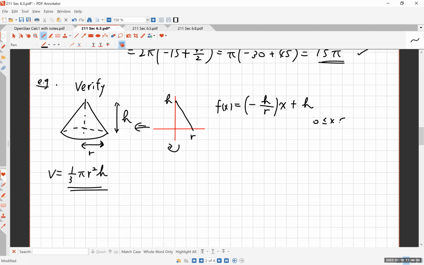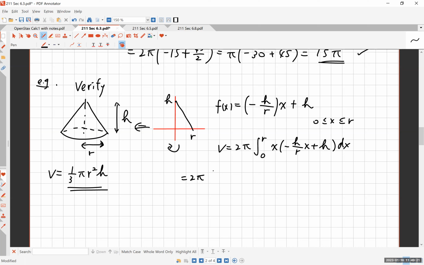And x goes from 0 to r, of course, right? So the volume, using the shell method, is 2 pi times the integral from 0 to r of this. Oops, it's actually x times this. So go ahead and write x first. And then this is with respect to x.